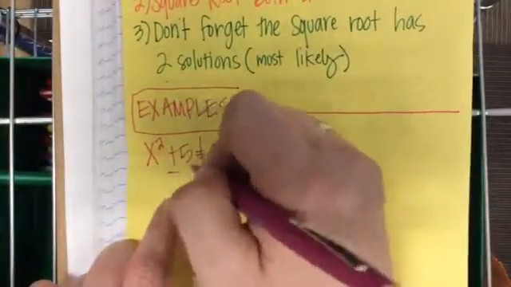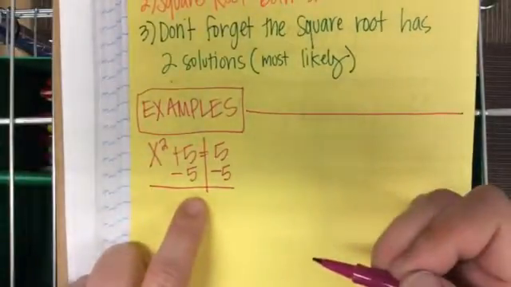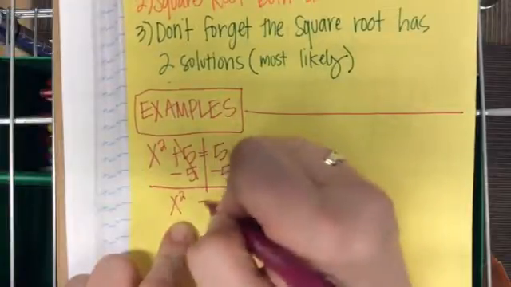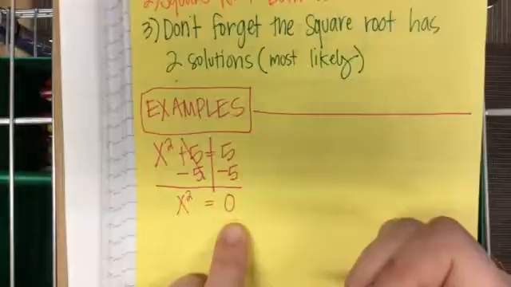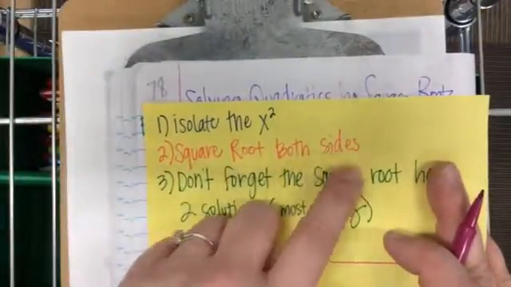So subtract 5 from both sides, leaving me with x squared equals what? 0. Square root both sides, okay.